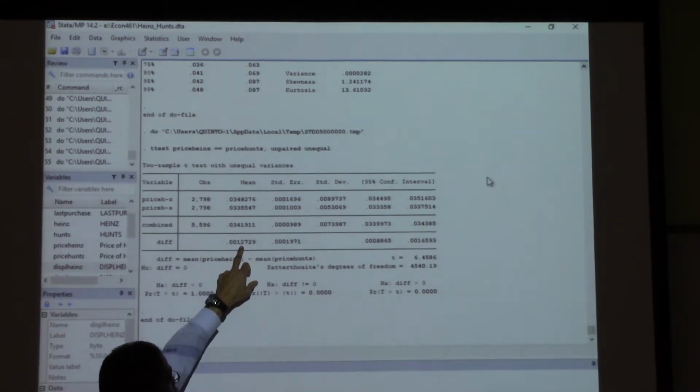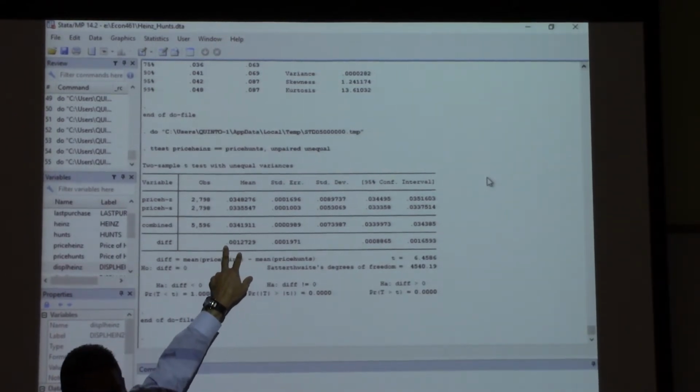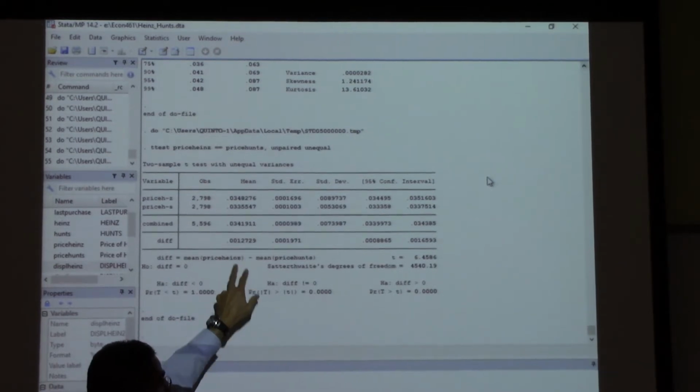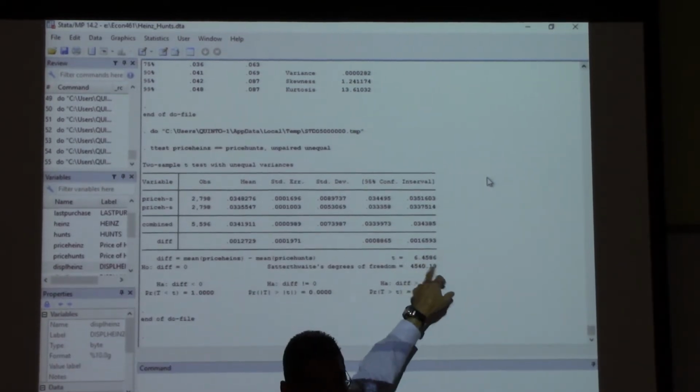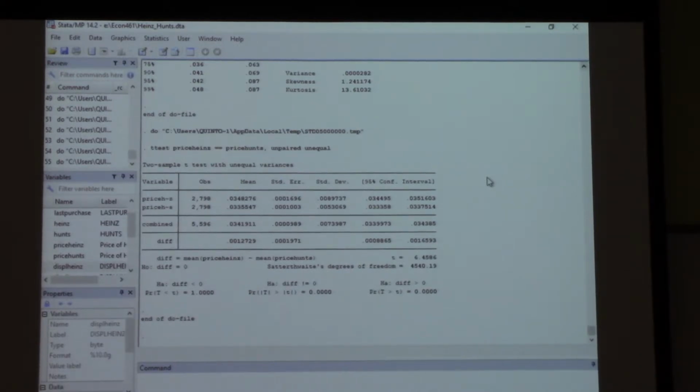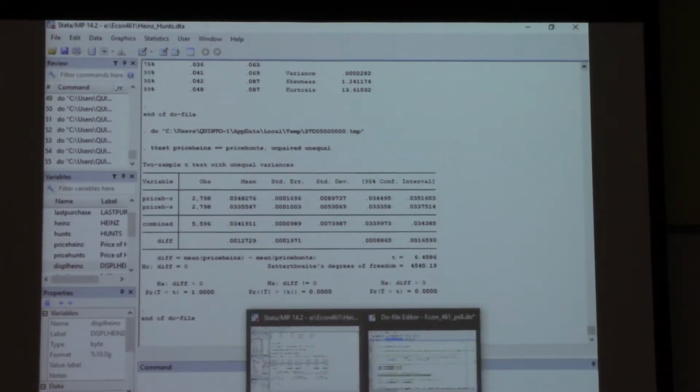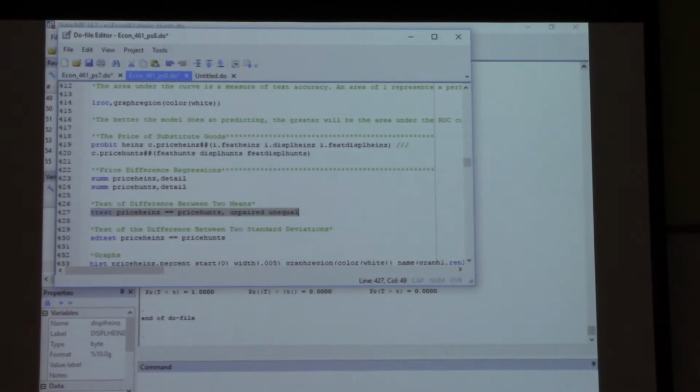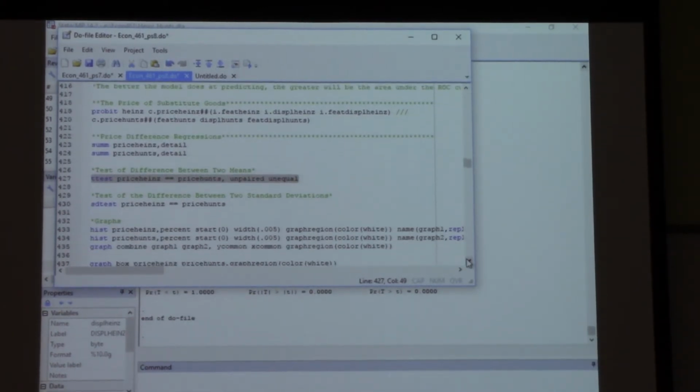Is this difference statistically significant? It seems small, but is it statistically significant? Well, it's got a t-stat of 6. So that means that difference is statistically different from 0. So there is a difference in prices between Heinz and Hunt's, and it looks like Heinz is on average a little bit more expensive. And again, we can do this test statistically to answer whether or not those are different prices.